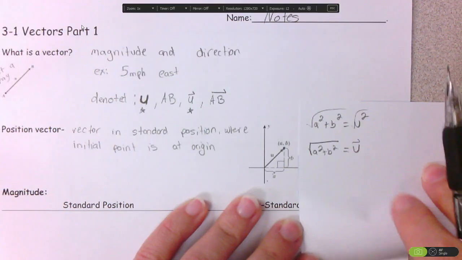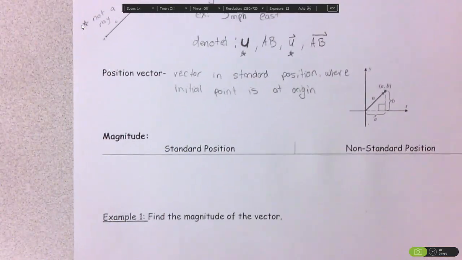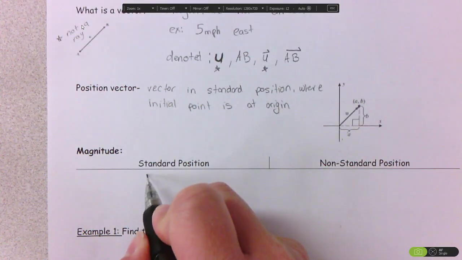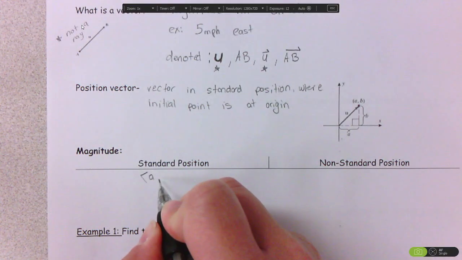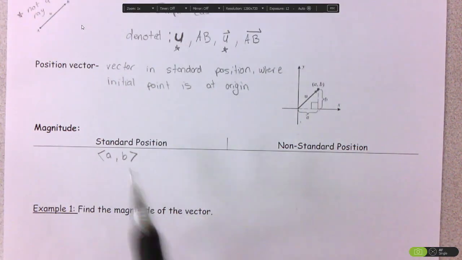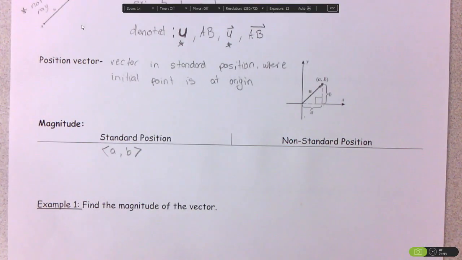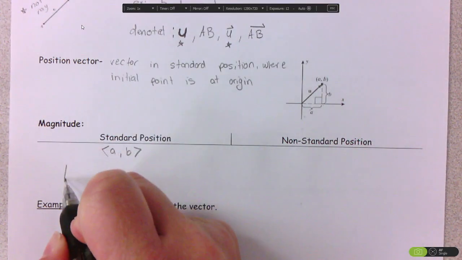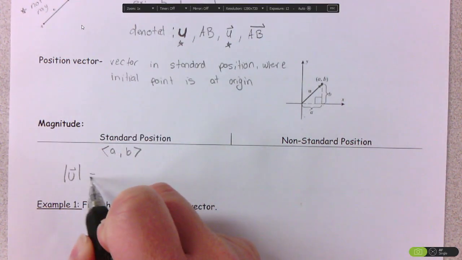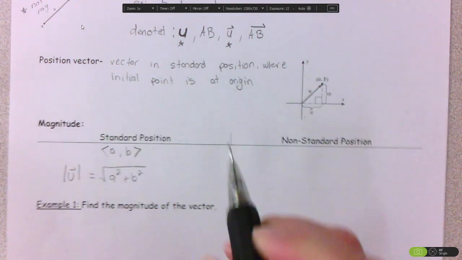Okay, so the length, we can think of that as similar to the magnitude. So if I have a vector <A, B>, okay, and this is like I went over A and up B, so it is kind of like an ordered pair, but we use pointy brackets, and the brackets do matter. So we'll use pointy brackets for a vector, and then if I do the magnitude, it's going to equal the square root of A squared plus B squared.